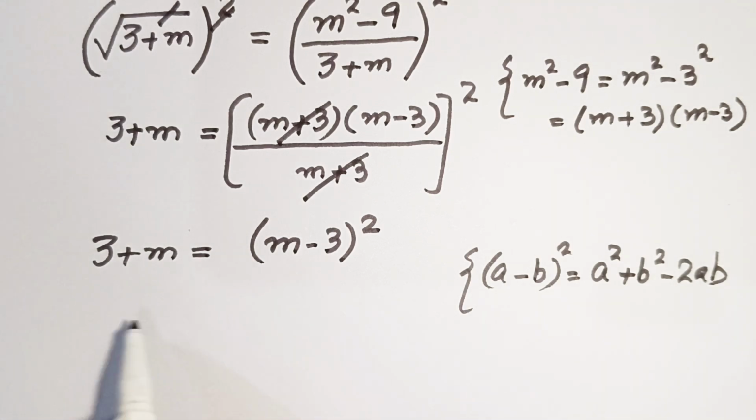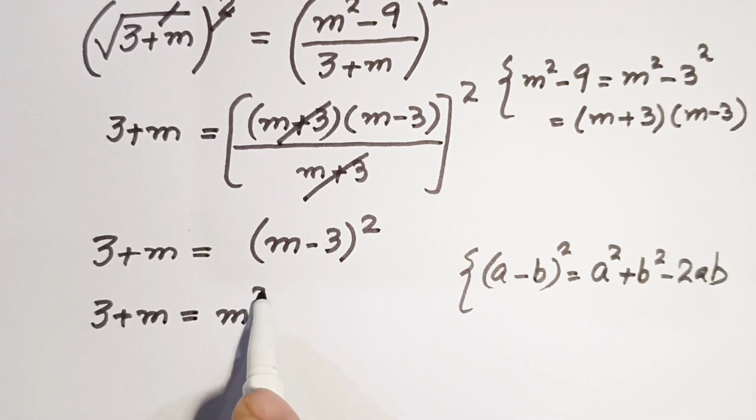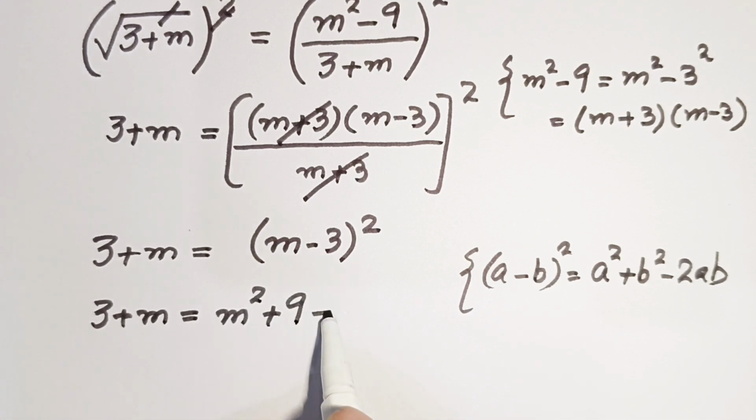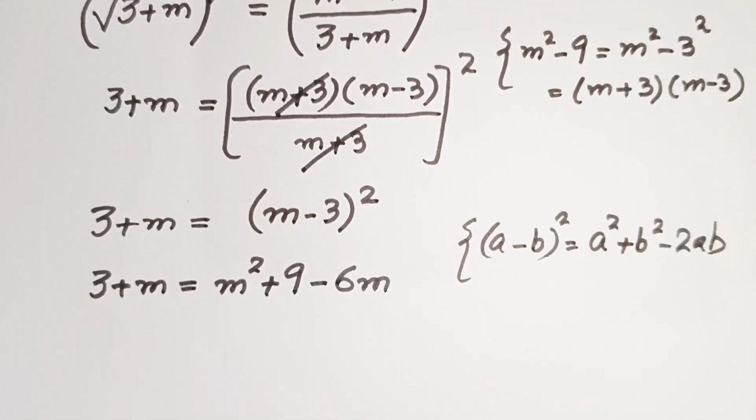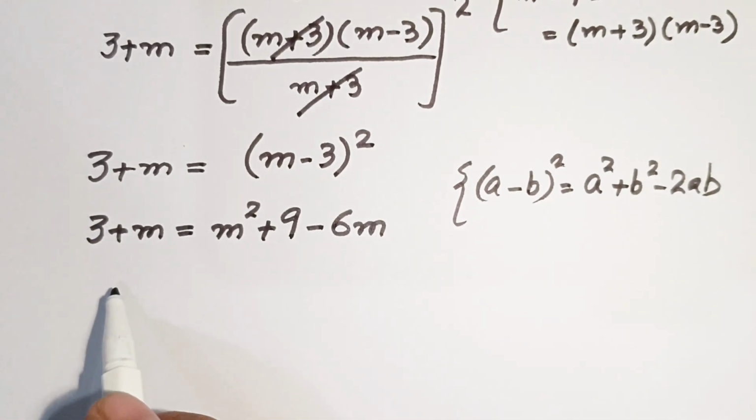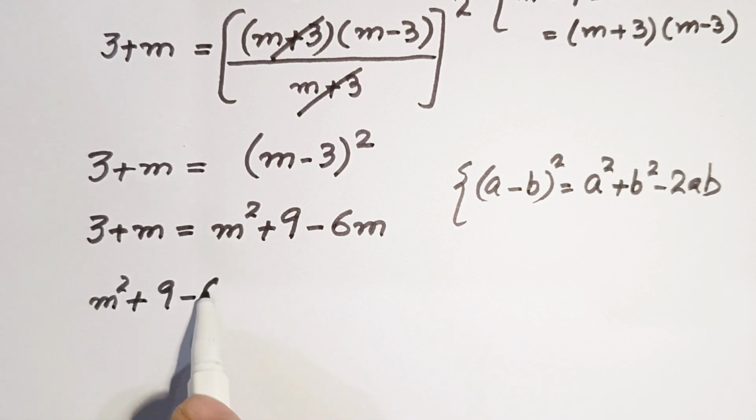So here it is written as 3 plus m is equal to m squared plus 9 minus 3 times 2 is 6m. So here we have m squared plus 9 minus 6m.